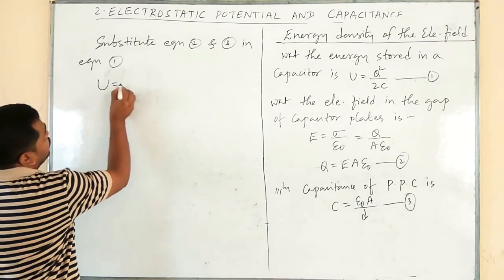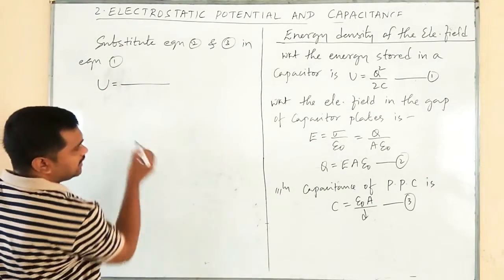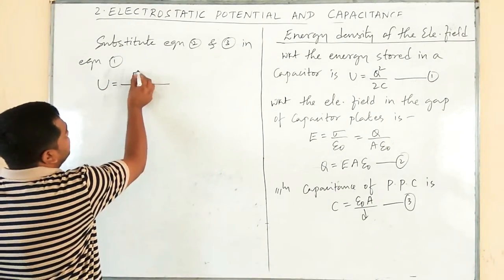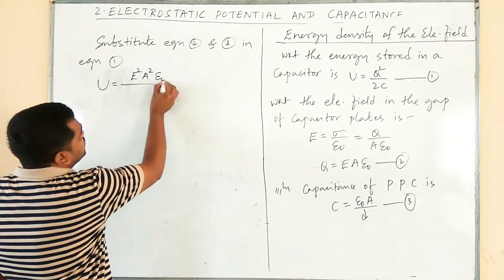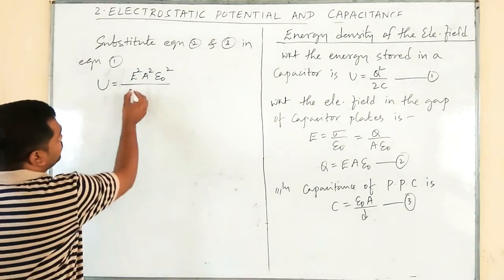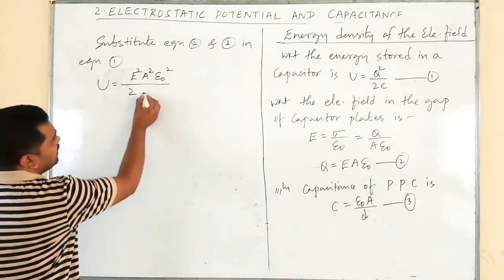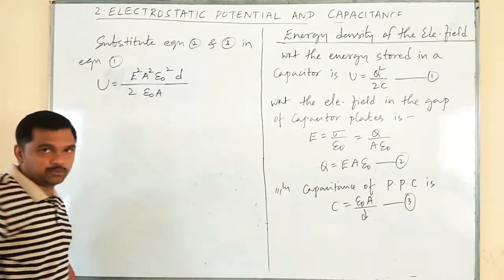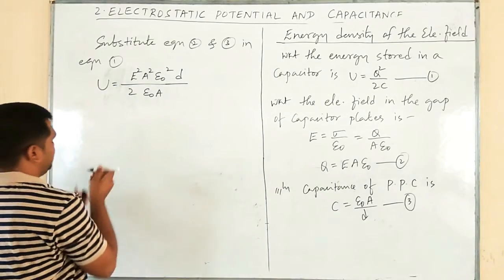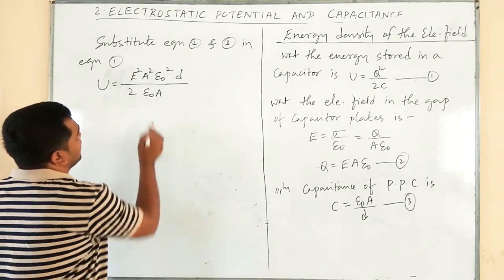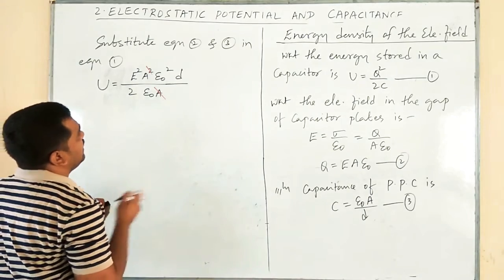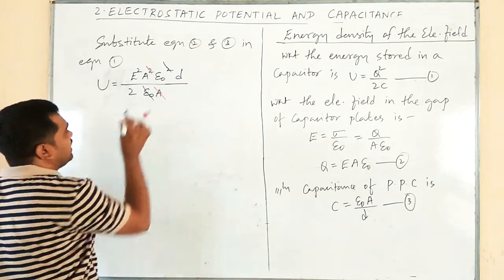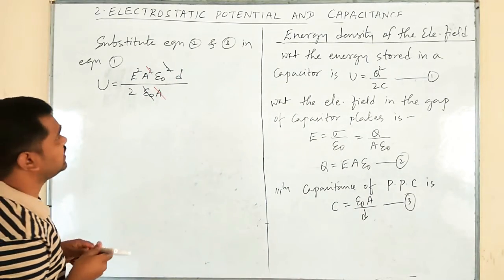U is equal to Q square, in place of Q, E square, A square, epsilon naught square, over 2C, in place of C, epsilon naught A over D. D goes to the numerator. Next, what can we cancel here? We can cancel A and A, and epsilon naught square and epsilon naught, isn't it?